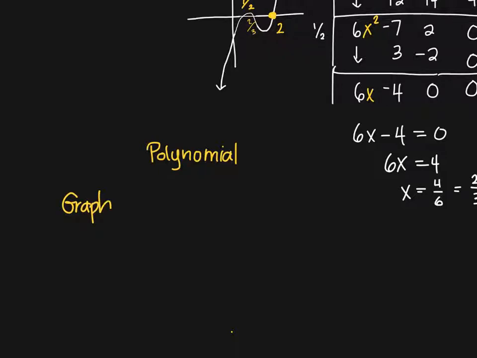So we went from polynomial to graph. From graph, what comes next in the cycle? Zeros. Okay, and I found my zeros. I found all 3 of them. The zeros were 2 and 1/2 and 2/3. Those were my zeros. So now what's the only piece of the cycle I haven't done? Factors.